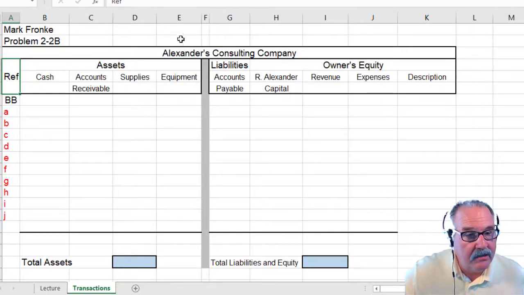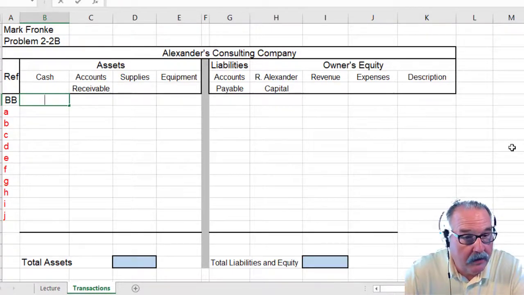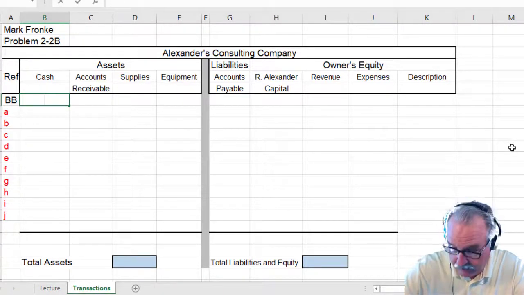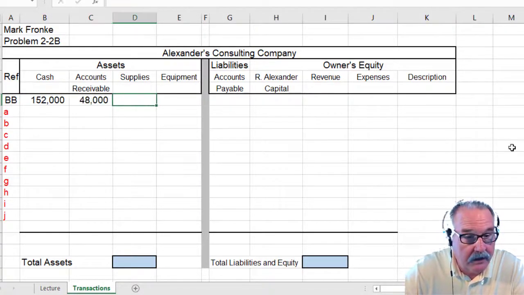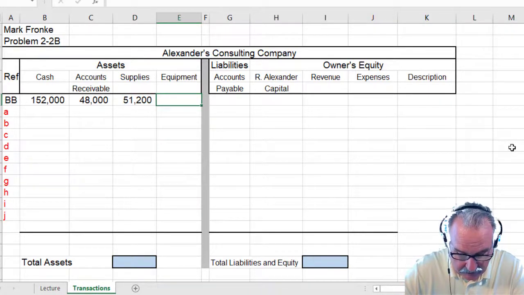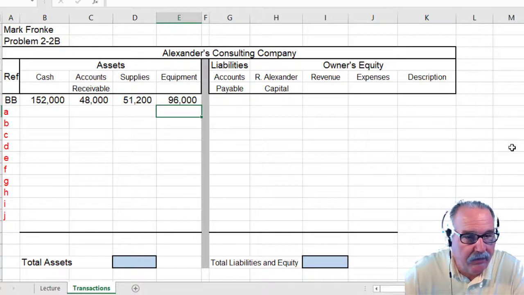The first thing we need to do is put in the beginning balances. So we have $152,000 in cash, $48,000 in accounts receivable, $51,200 in supplies, and $96,000 in equipment. These are the balances that were carried forward from last year or last period or whatever it is.